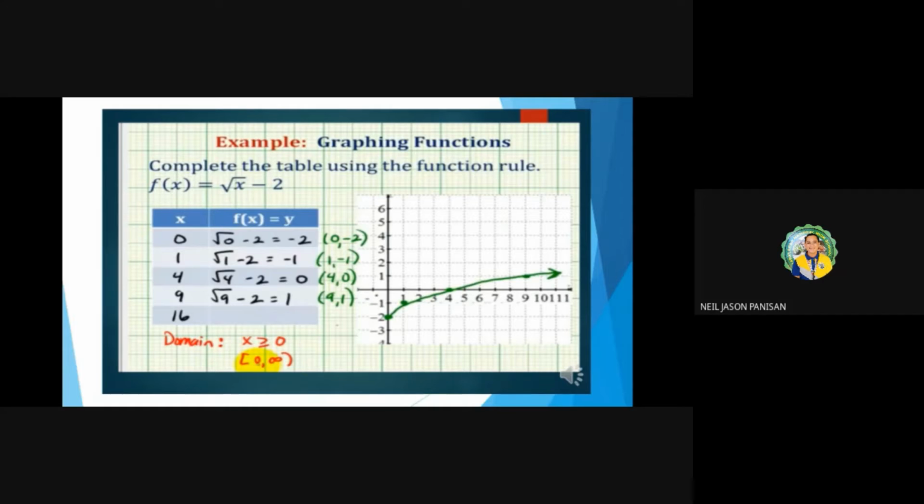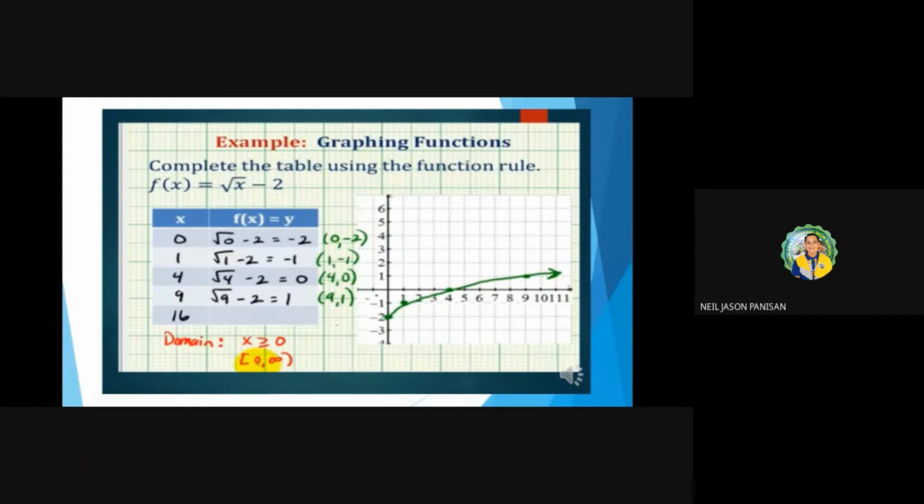The result is 1. And therefore, we have now the fourth point, which is 9 and positive 1.